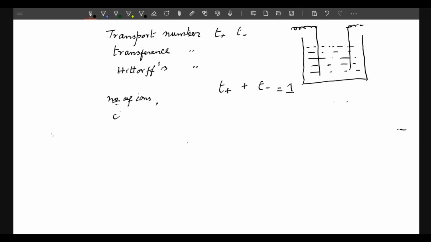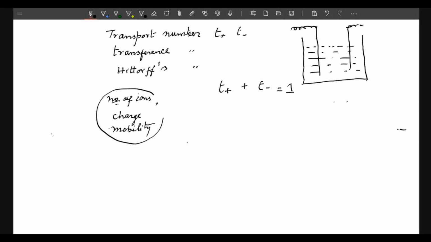Second, the charge of that ion, whether it has a 1 plus, 2 plus or 3 plus charge; the higher the charge, the higher the amount of electricity passed. And the third is the mobility of the ions. What is the speed with which it is moving?